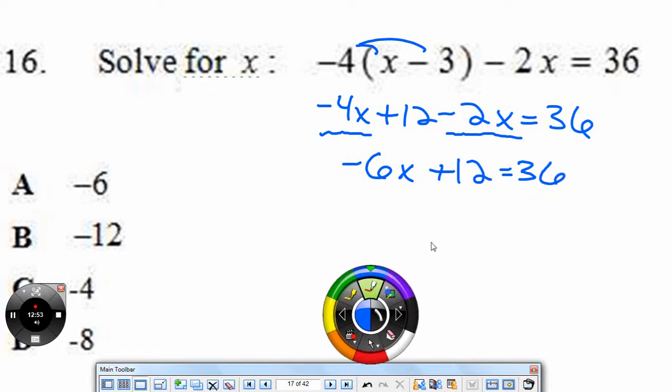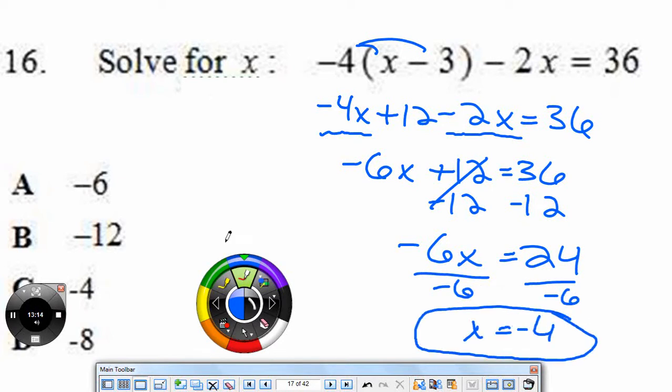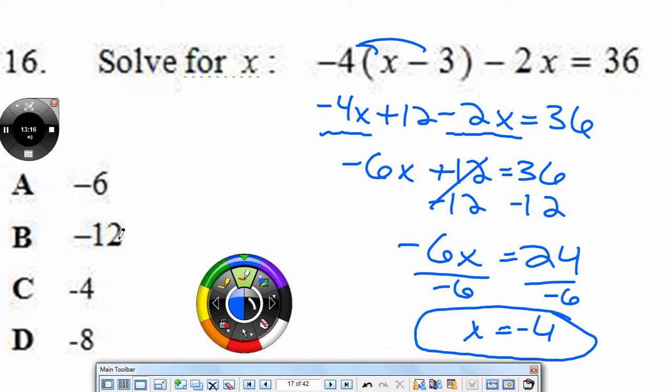And then we want to subtract 12. So negative 6x equals 24. And then divide by negative 6. So x equals negative 4. So that would be C.